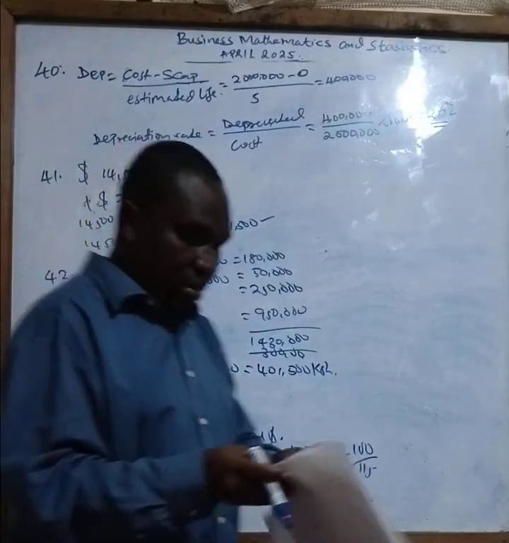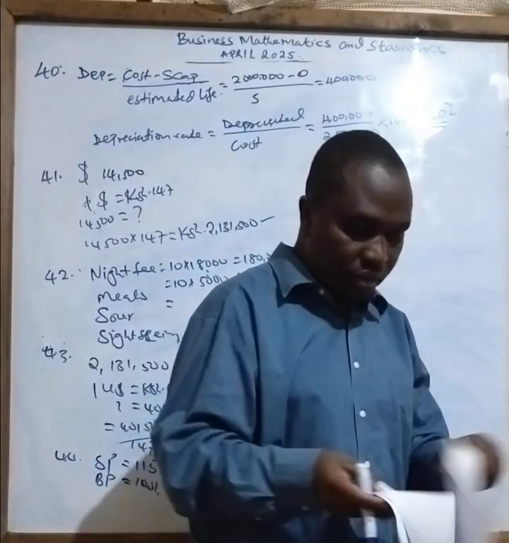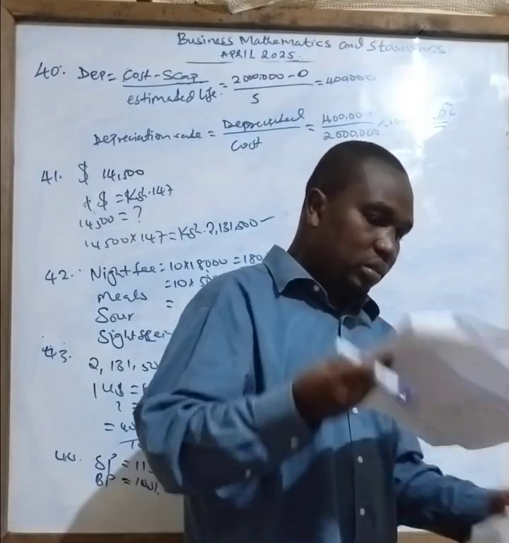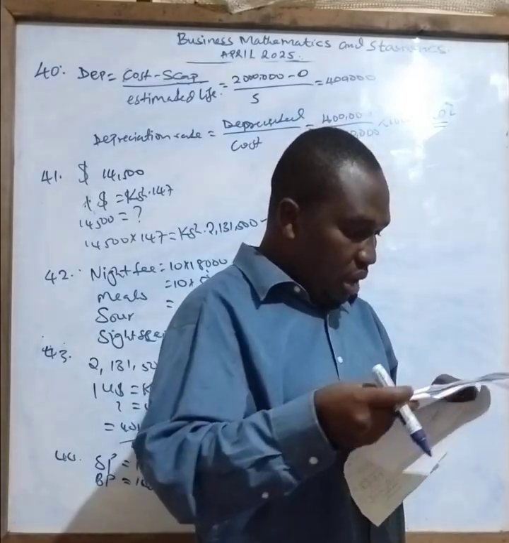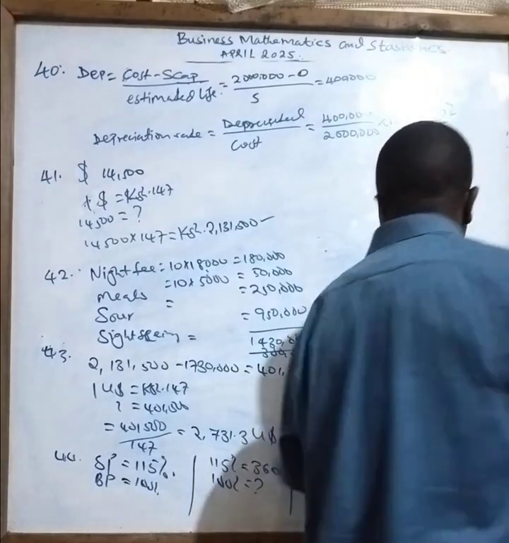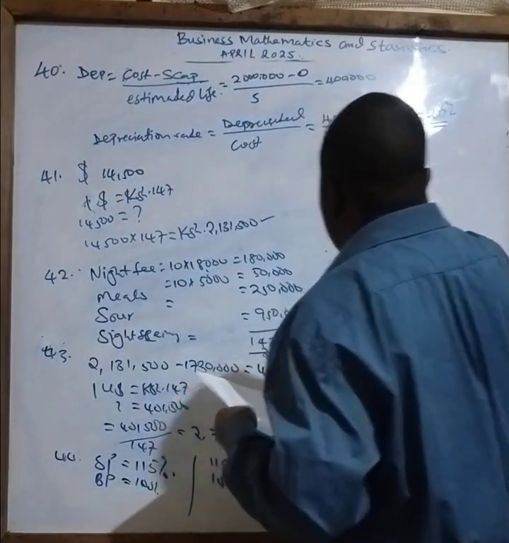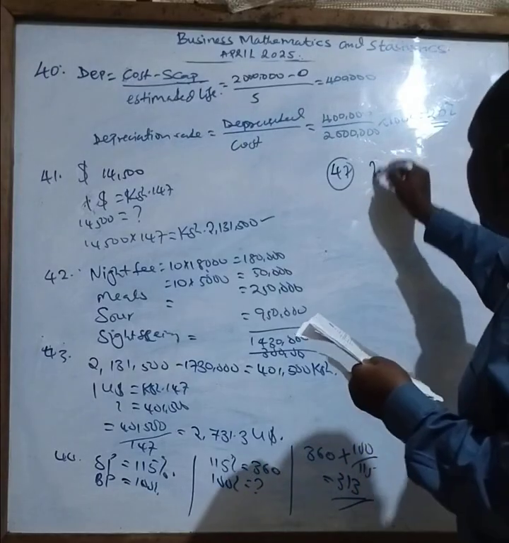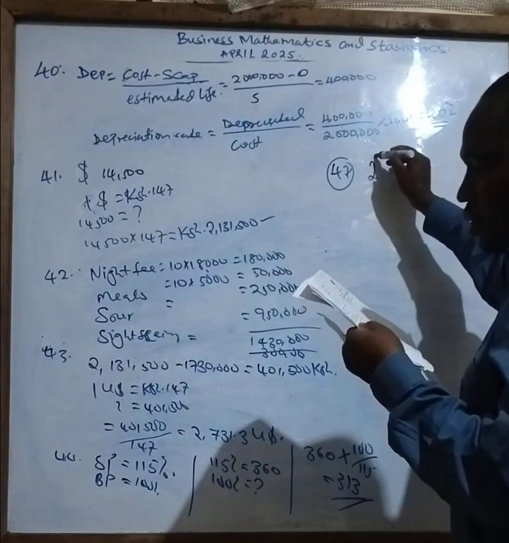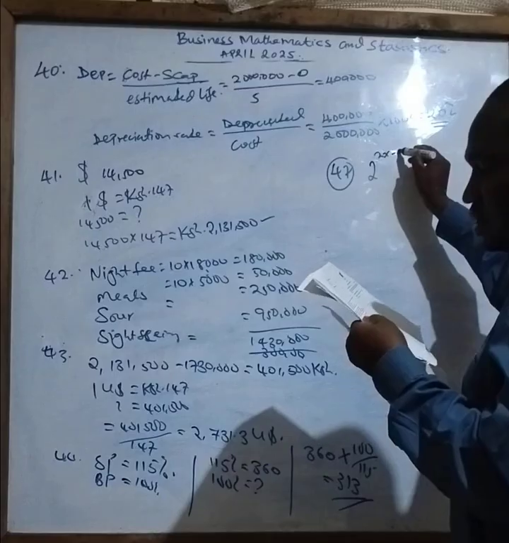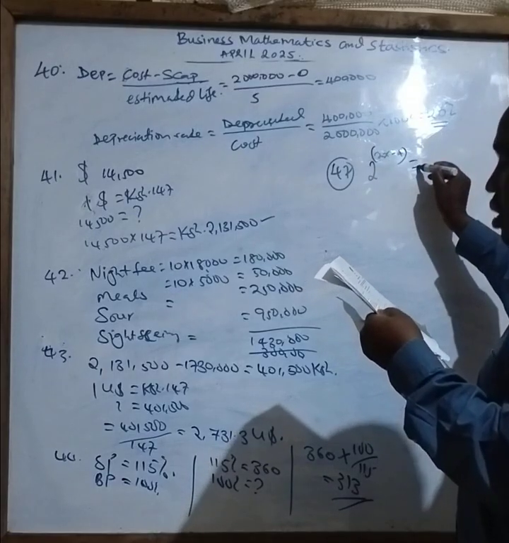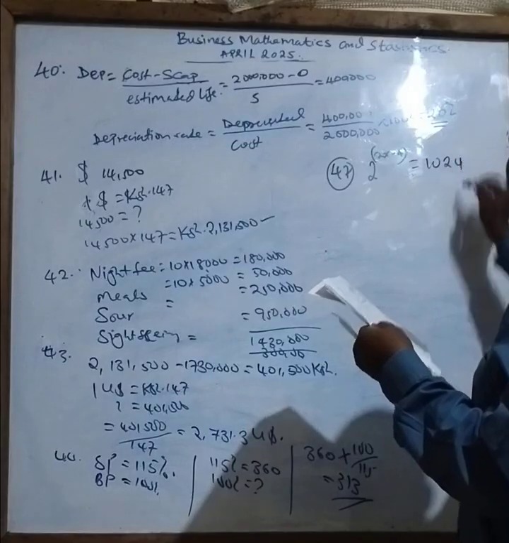Number 45. We are just coming to the end now. Number 47 says, find the value of x. We have been given 2 to the power 2x minus 4 equals 1024.